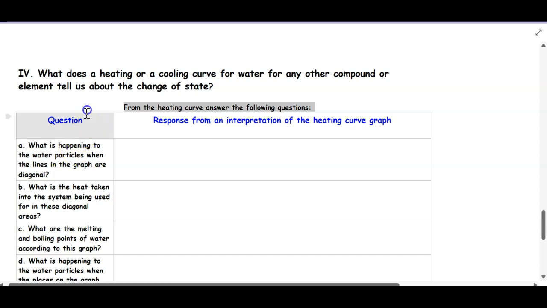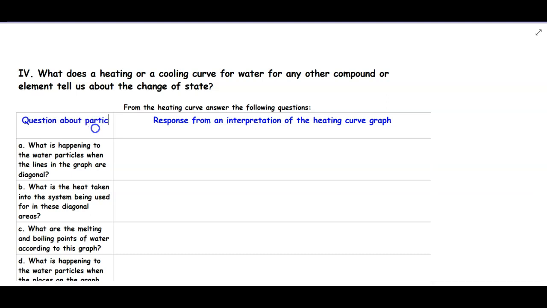This is really a question about particles, because we're concerned in the particle model about everything that happens in matter. What does that say about what the particles are doing? We use the explanations at the atomic level to explain what's happening at the level we can see.